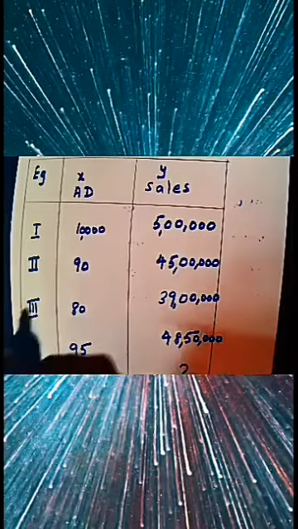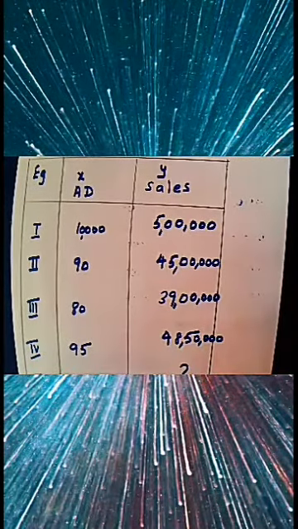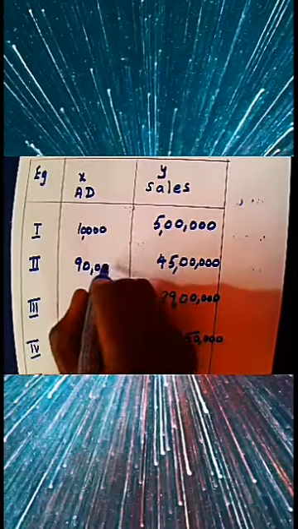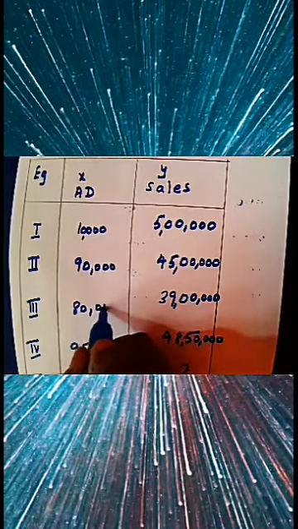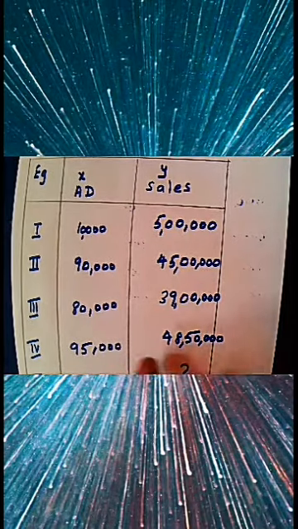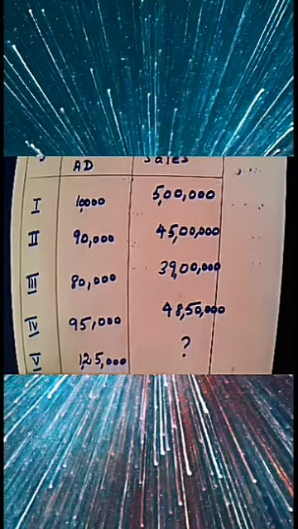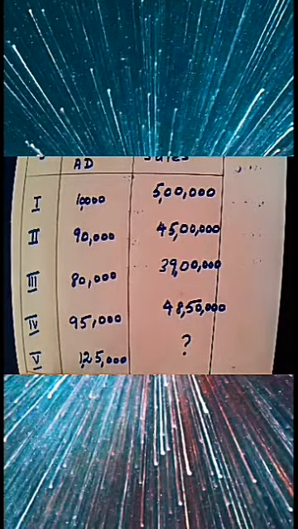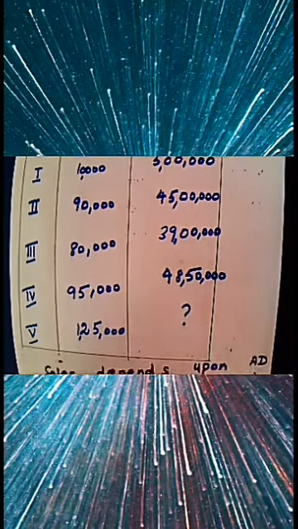We assume 10,000, and the sale is going to be 5 lakh, then 90,000, then 80,000, then 95,000. I'm going to get the sales like this. Now what will be my sales if I'm going to invest 1,25,000 in the advertisement?